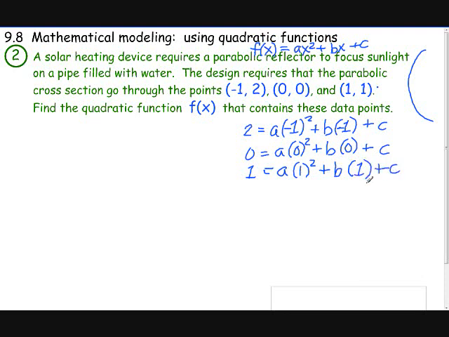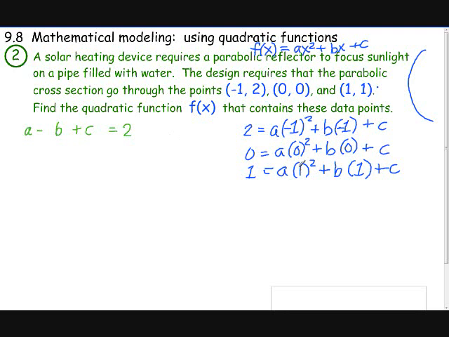All right, kind of a mess. I'm going to change colors, and we'll go over here and try writing this a little neater. When I square a negative 1, I get a positive 1, so that's going to be a with a positive 1 on it. This is going to be negative b plus c equals 2.